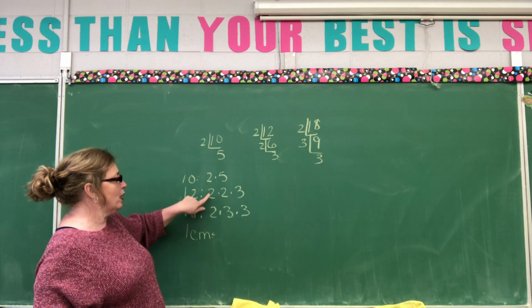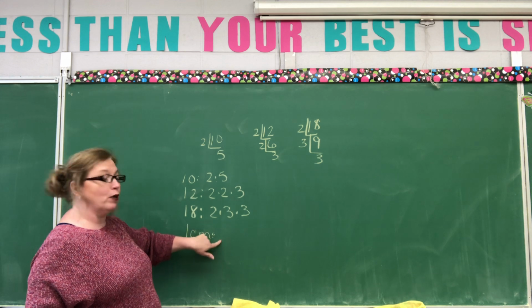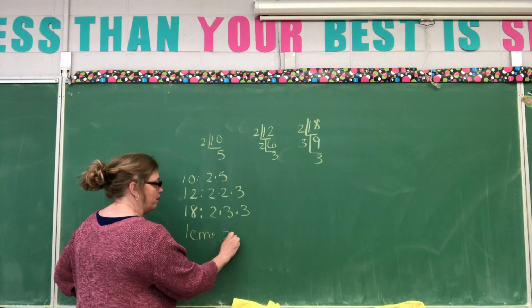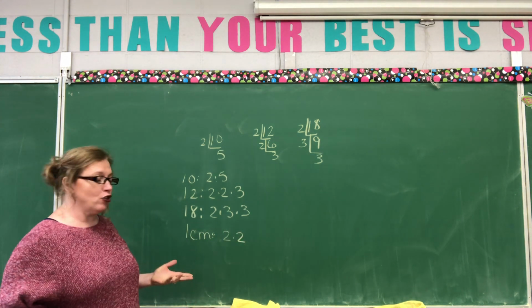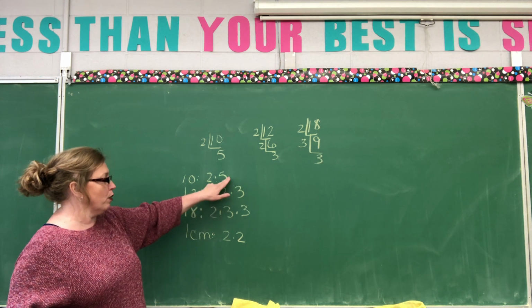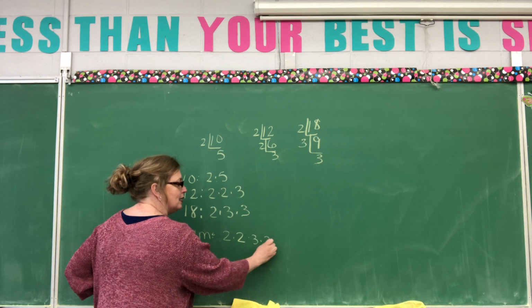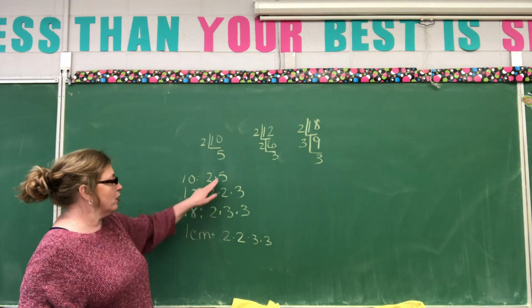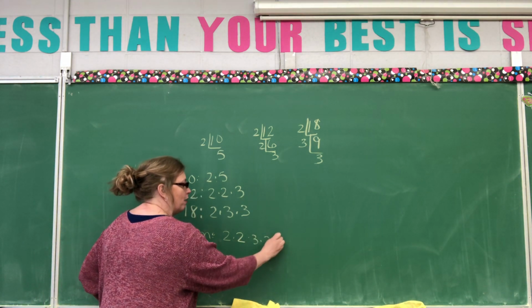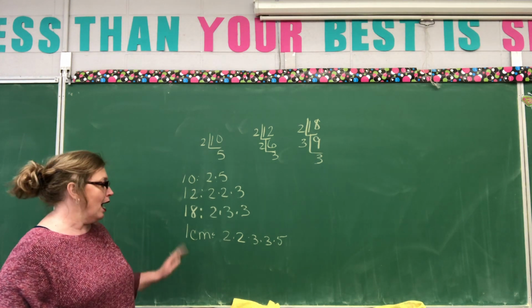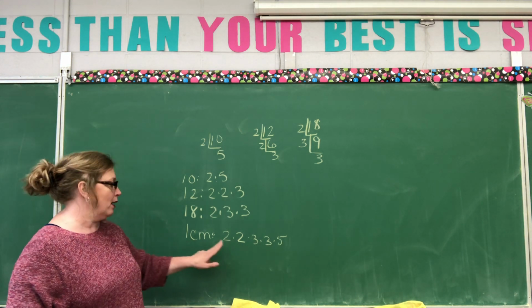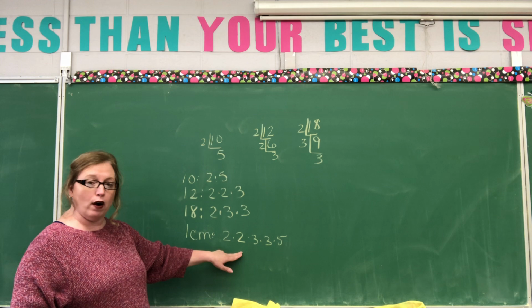There's 1, 2 here, there's 2, and there's 1. So I'm going to write down 2. The next factor I have is a 3. There's 0 3s, 1 3, and 2 3s. So I'm going to write 2 3s because that is the most. And there's only 1 5, so we'll write 1 5. Okay, now we simply multiply. 2 times 2 is 4.